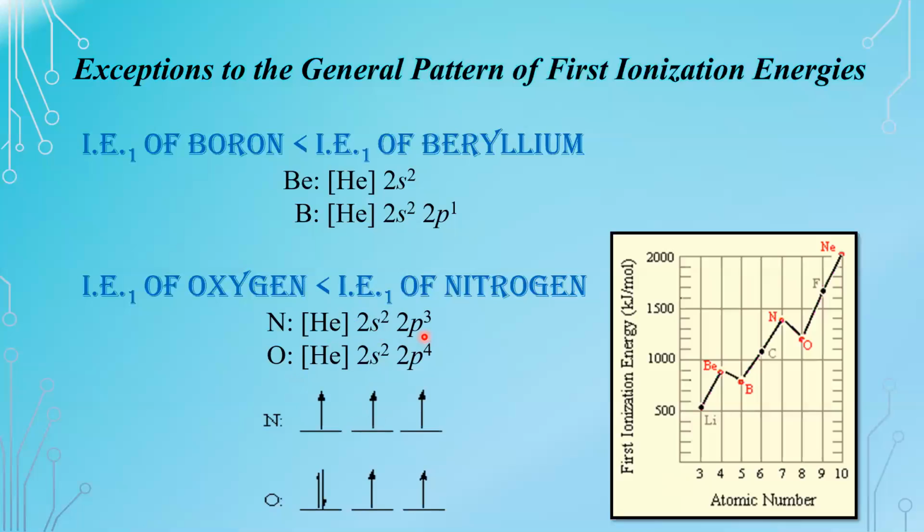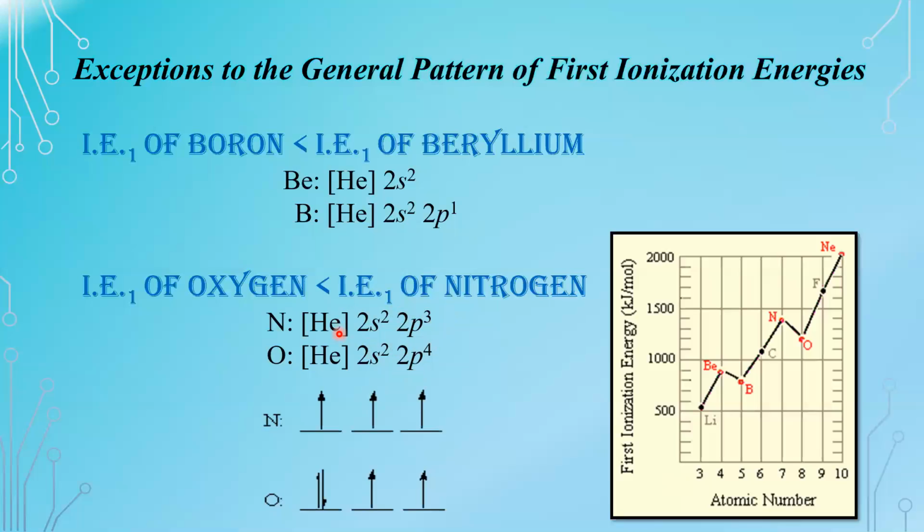We know the maximum number of electrons that can be accommodated in a p orbital is 6. Now it has 3, which is exactly half filled. That means half filled orbitals are more stable than incompletely filled orbitals. So here the half filled stability acts on nitrogen.